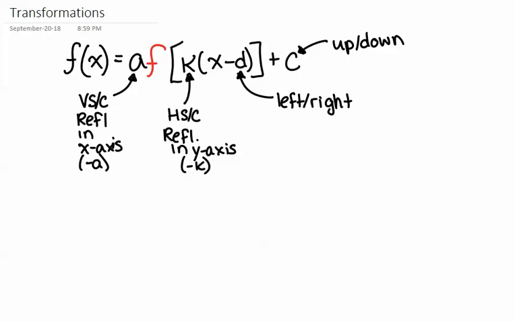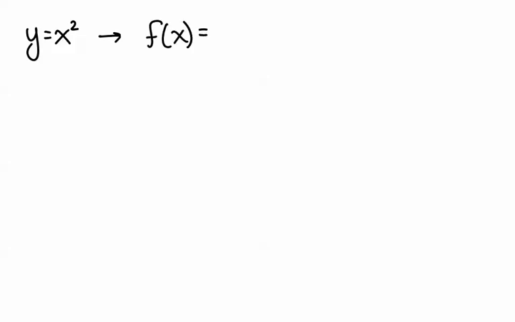Okay, so now we just have to apply those things. So let's say we're working with a base function y equals x squared, so a parabola. And we're going to transform it into f of x equals negative 3 (x plus 2) squared minus 1.